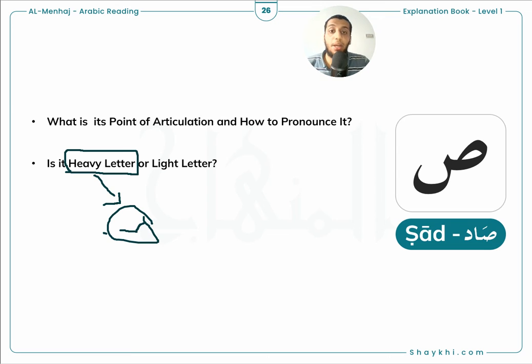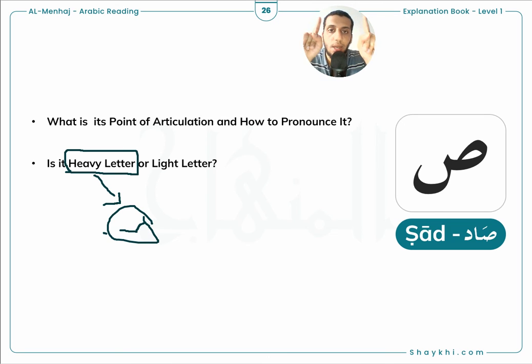Why did I say that? Because whenever we explain any heavy letter, we note a common mistake, which is that some students and some people might think that the heaviness of a letter is done by circling the lips or making the sound of a dhamma.